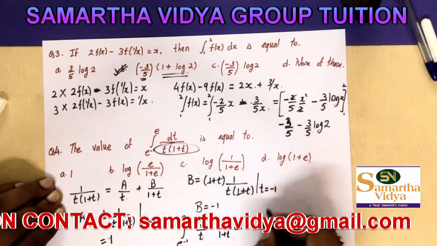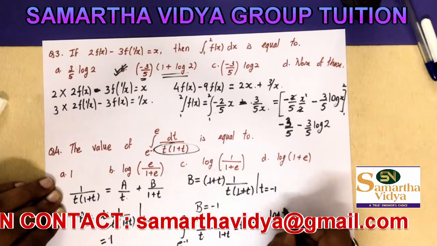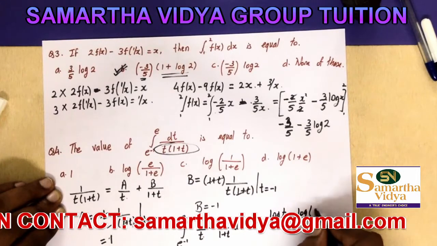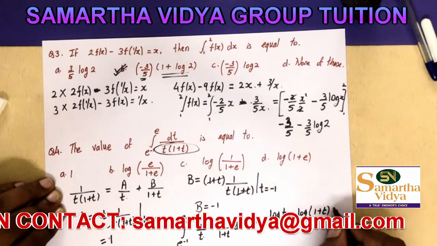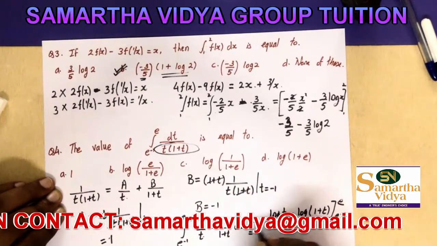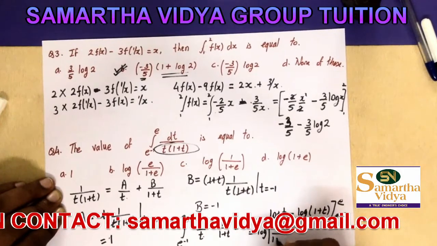So we know that the integration for this is nothing but log t minus log of 1 plus t, and the limit e raised to minus 1 to e. I'll be just writing this as log of t upon 1 plus t.